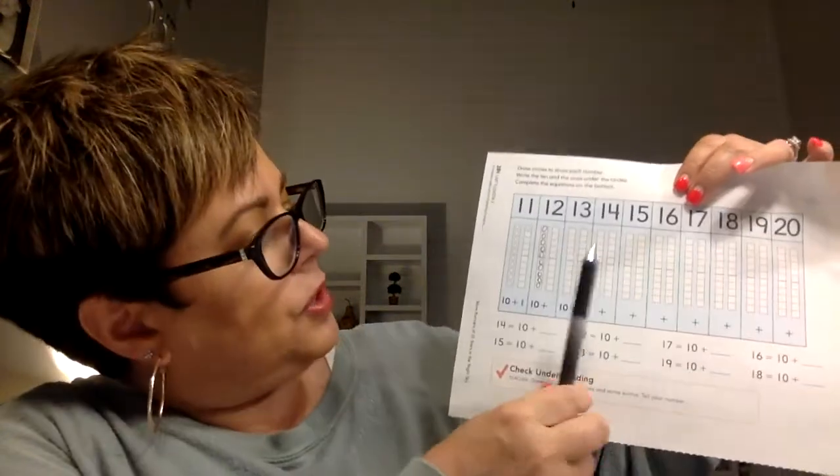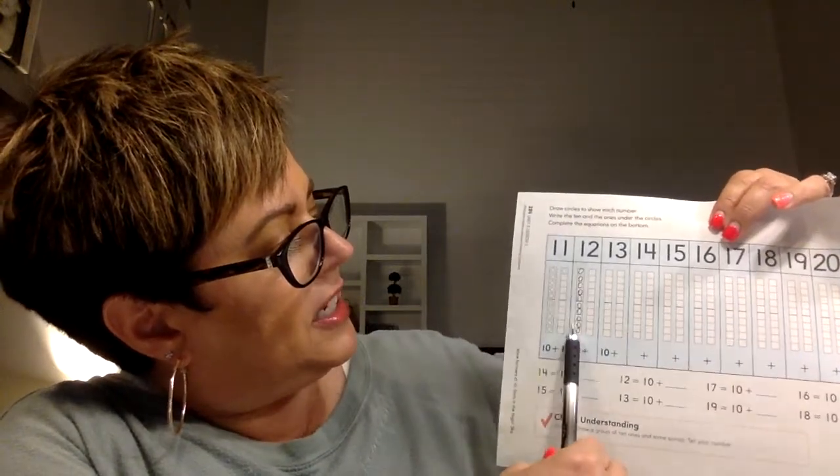Right here, we're going to show 10. There are 10 circles plus, how many more circles do we need to show 12? We need 10 and 2 more circles.